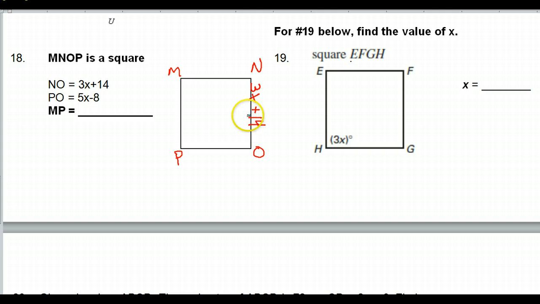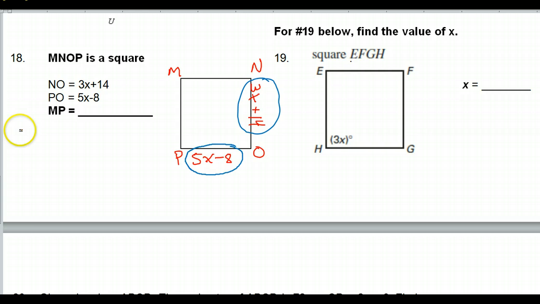And OP is 5x minus 8, so this is 5x minus 8. Well, guess what? Since this is a square, these should all be equal to each other. So 3x plus 14 and 5x minus 8 should be equal.